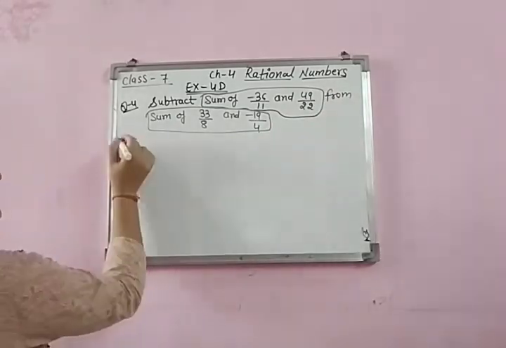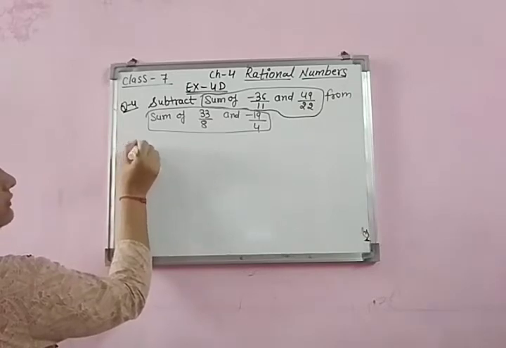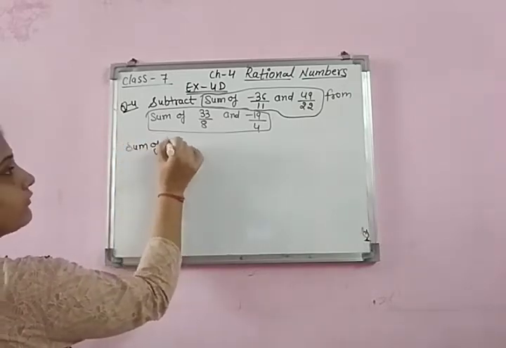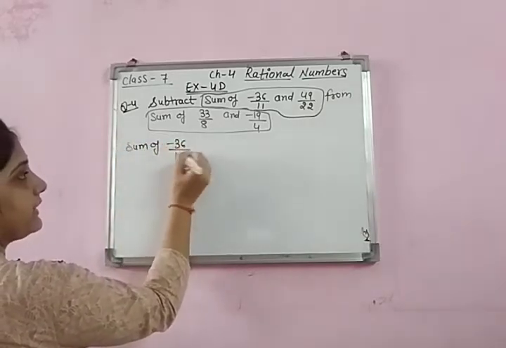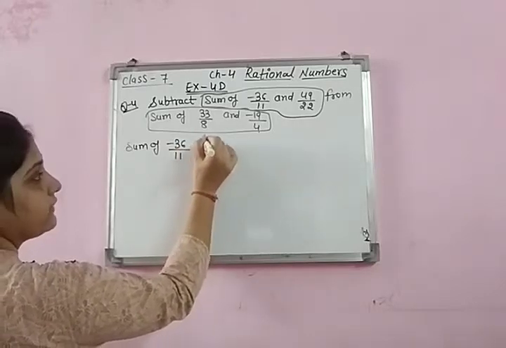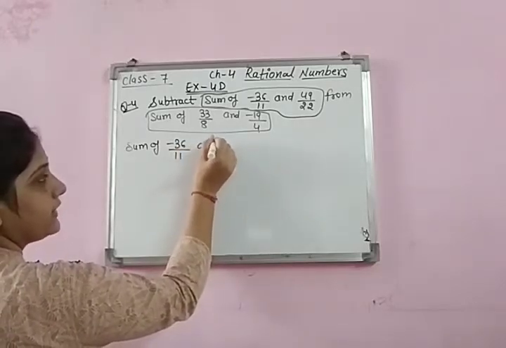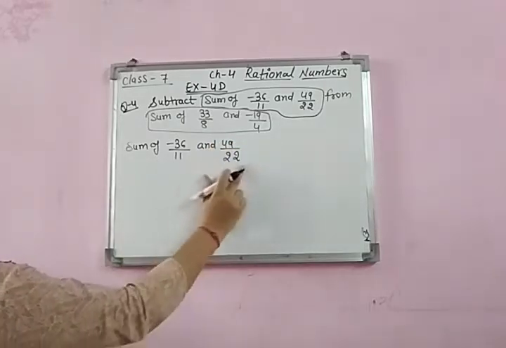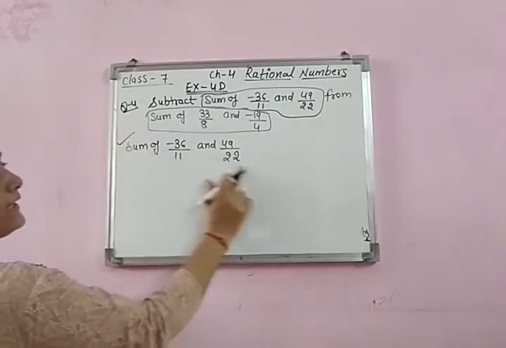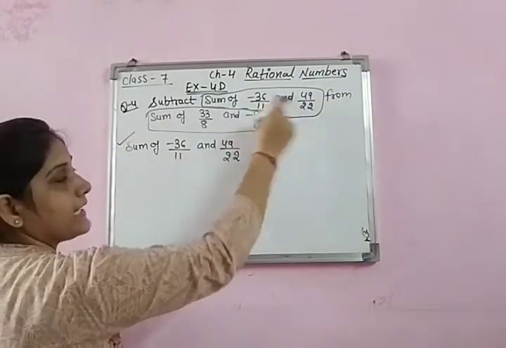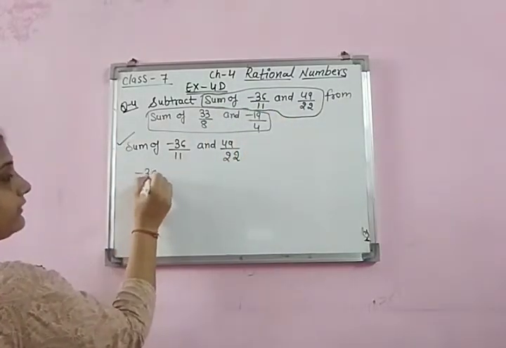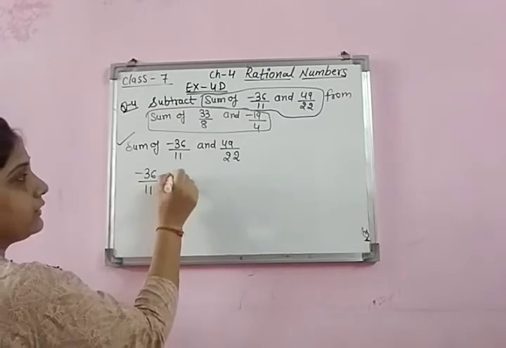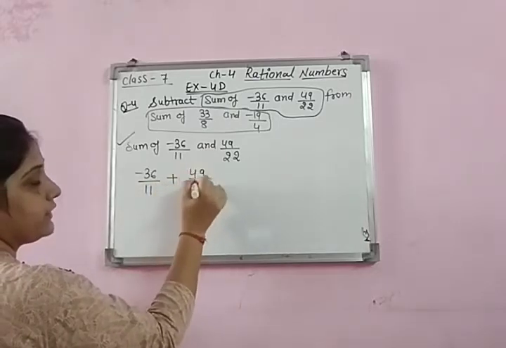So let's do it. First I am doing the sum of negative 36 by 11 and 49 by 22. What am I doing? I am finding the sum, so negative 36 by 11 plus 49 by 22.